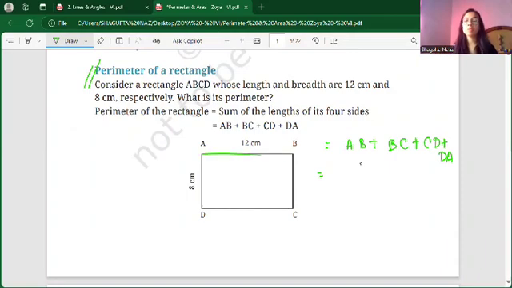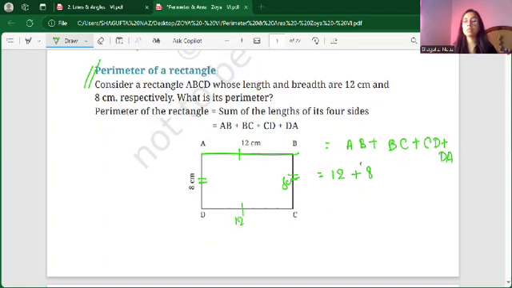So what is the value of AB? 12 centimeter. For BC, the opposite sides of a rectangle have the same length measurements, so BC will be equal to AD or DA. We will write 8 centimeter, because BC will also be 8 centimeter.